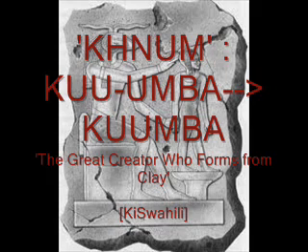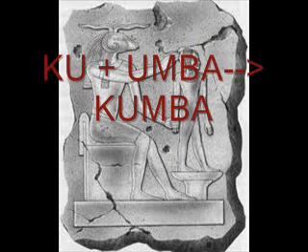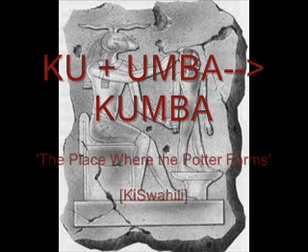So as I said, that's plausible, but I don't think it adds that extra element of what I'm trying to get at with the definition of the word. So this is why I say that the prefix ku would be better suited, because kuumba, K-U-U-M-B-A, would mean the place where the potter forms in the Kiswahili language.